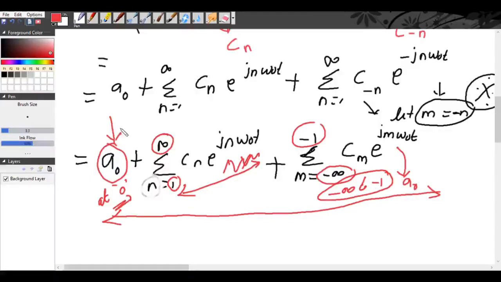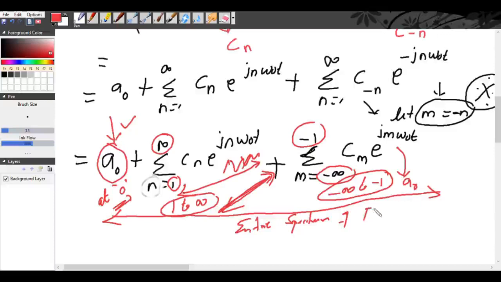Okay, so this one. Then after the origin, from 1 to infinity, again I have this particular part, right? So overall this covers the entire spectrum of the Fourier series.